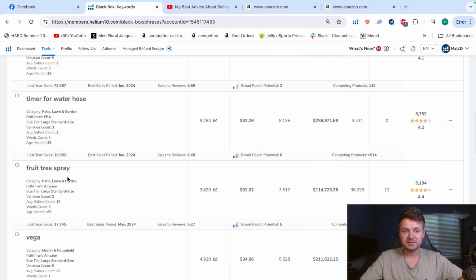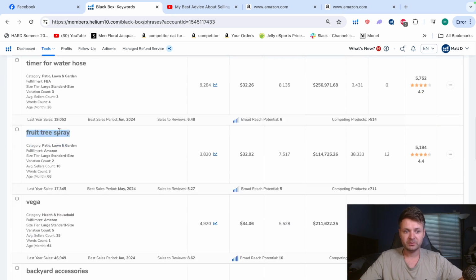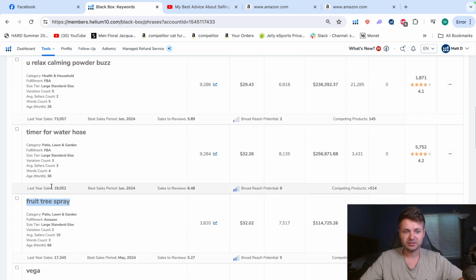Fruit tree spray. I like how specific that is, and it's a customer. Again, when I'm scrolling down here, I'm really only thinking about who the customer is and what type of person they are. So the customer here would be a gardener, right? Somebody who cares about their fruit tree.